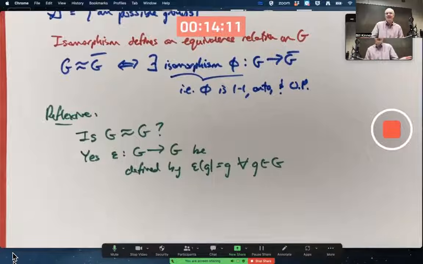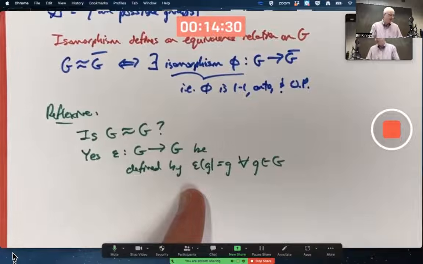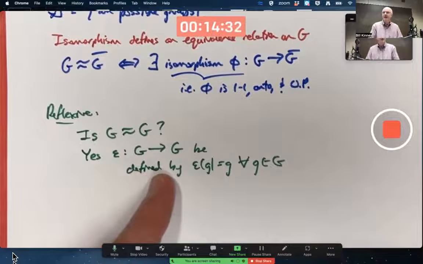It's the identity mapping. Instead of epsilon, some mathematicians call it 1, not the number 1, but the mapping 1, identity, or maybe ID as an abbreviation for identity. You'll see that kind of notation. But I think calling it epsilon is good here because it could be thought of as a permutation. It is a one-to-one and onto mapping.